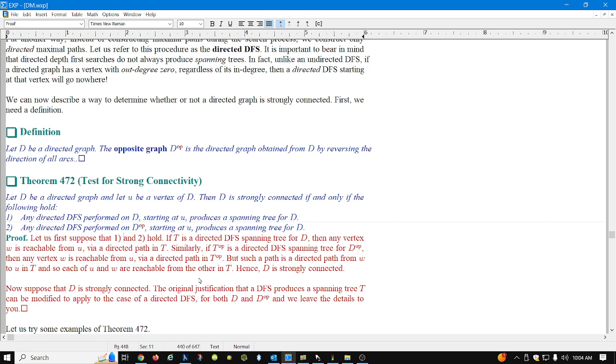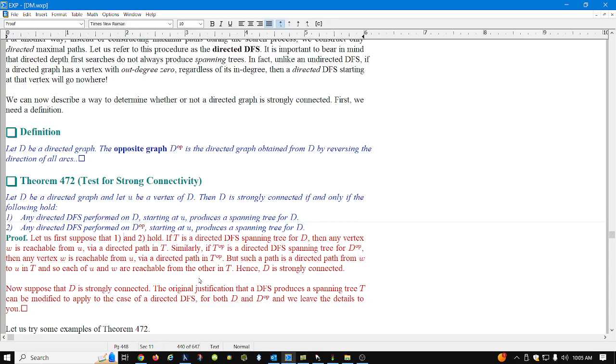And it's reachable, so that means there's a directed path from U to that vertex W. But similarly, for the opposite graph and the opposite directed depth first search spanning tree, any vertex W is reachable from U. This is in the opposite graph.